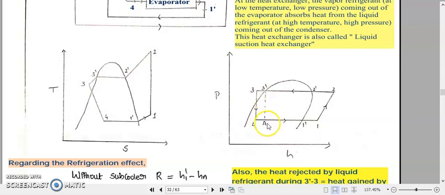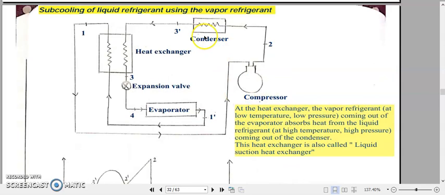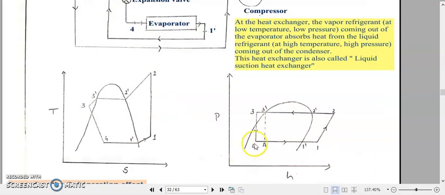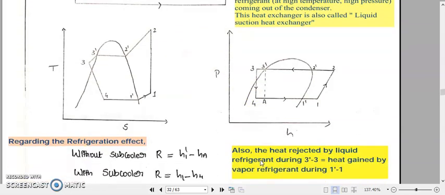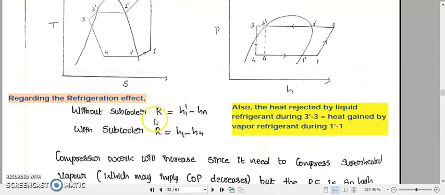Point A is some assumed point which is not actually present in our system. But if we are not using the heat exchanger, point A represents the exit of the expansion valve. In such a case, without the subcooler, the refrigeration effect would have been H1 minus HA, the enthalpy difference from A to 1.